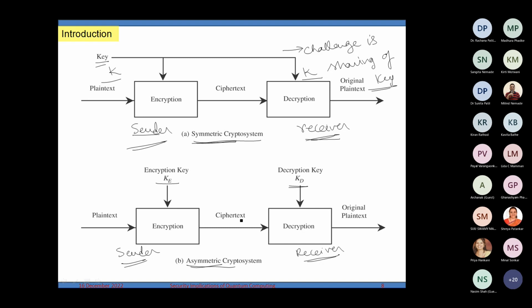KE is not equal to KD. Since two different keys are used, you call it an asymmetric crypto system. There is another name for it, public key crypto systems.